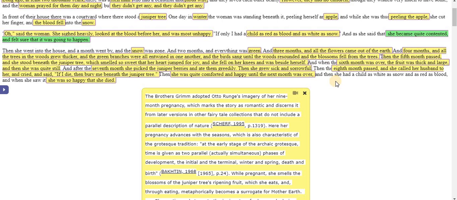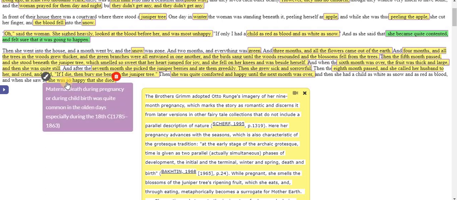She was waiting for the baby, and suddenly she dies. And there is just one line that describes her death. How tragic. This is the thing with fairy tales. It drops the bomb in short lines.